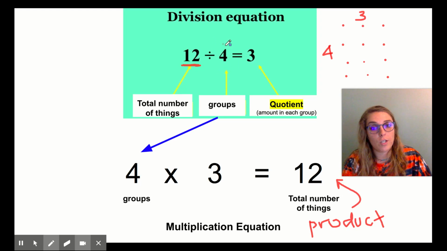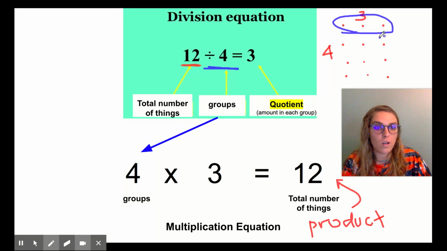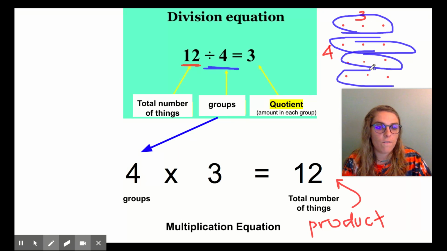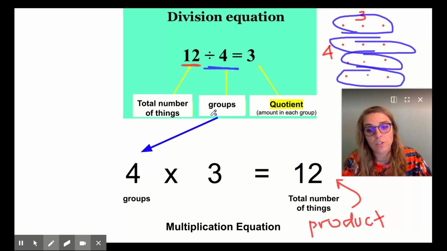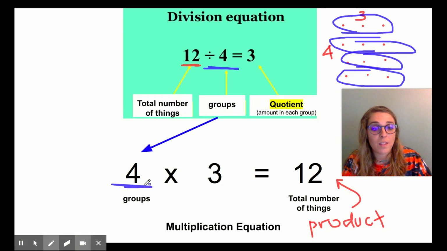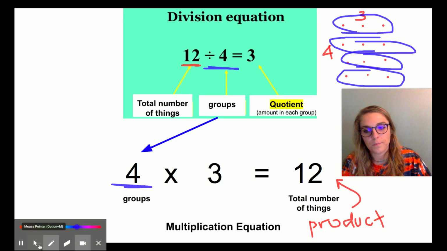When we do a division equation, we read this as split into 4 groups. So in this case, we have our total 12 being split into 1, 2, 3, 4 groups, right? That number just comes over here and still means the same thing. The fact that there's 4 groups in our multiplication equation just starts us off.